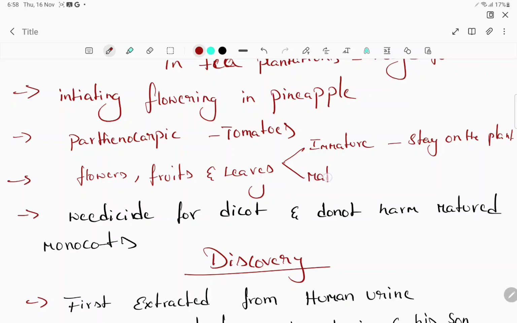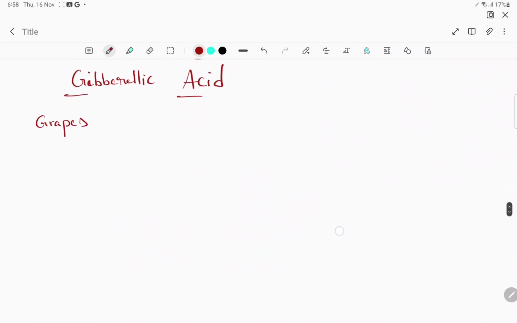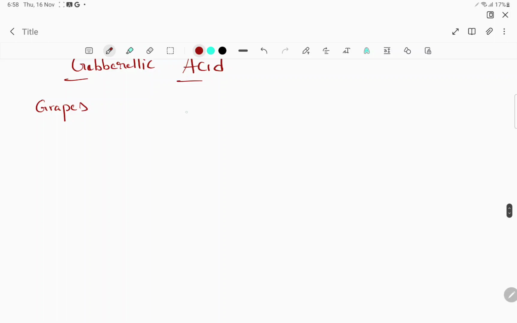In case of maturity, it will promote abscission. So that is the thing. Excuse me for that. And A for apple.